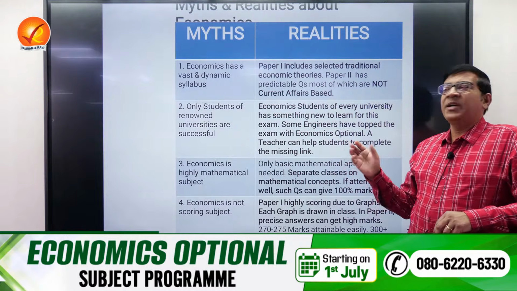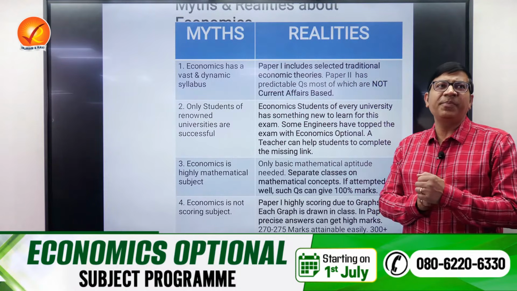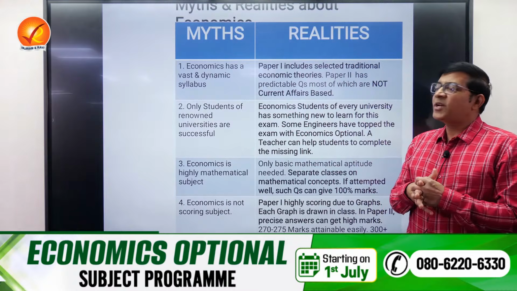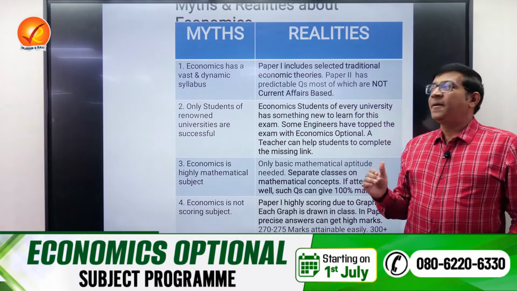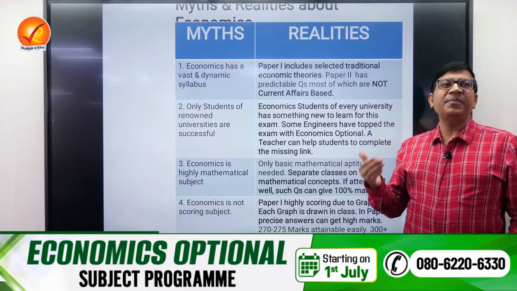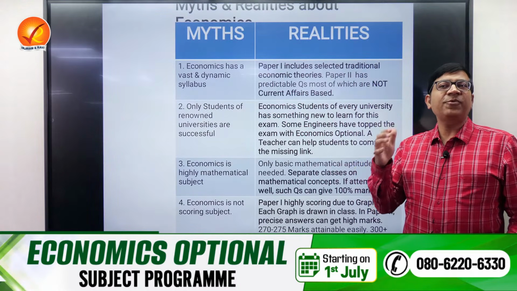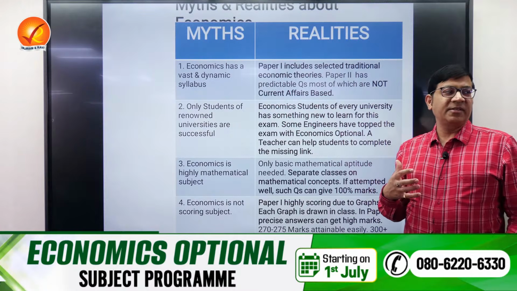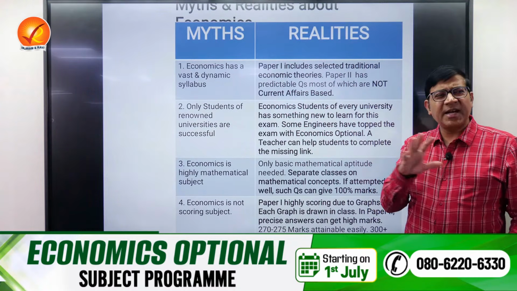You can go through the PYQs, although when we do the classes, we'll do the PYQs definitely. But you can go through the previous year questions of economics optional. You will see that maximum 5%, maybe 10% of questions are linked to current affairs. Otherwise, the syllabus is very static in nature.